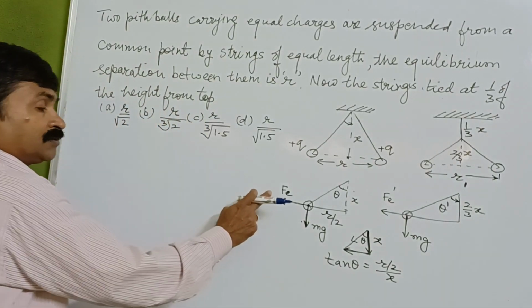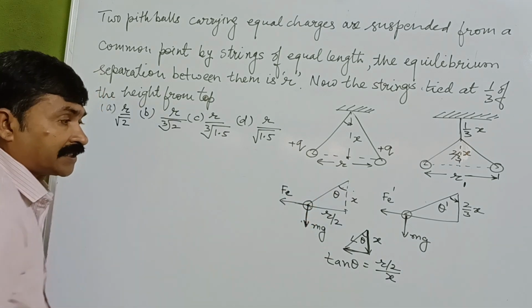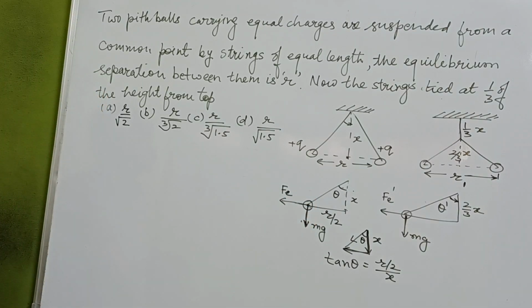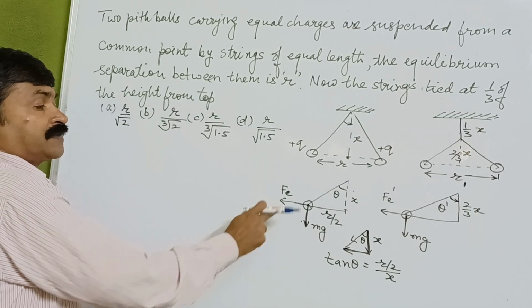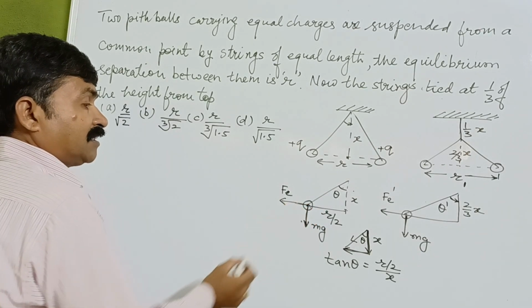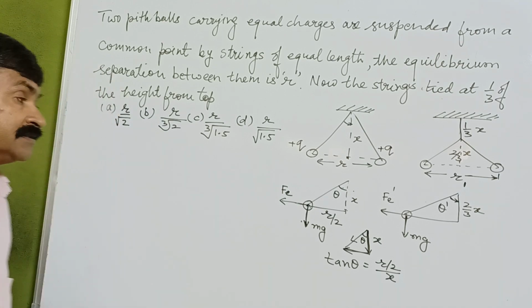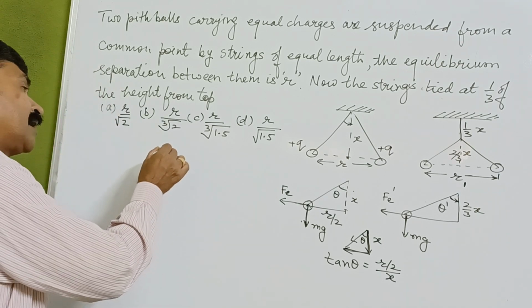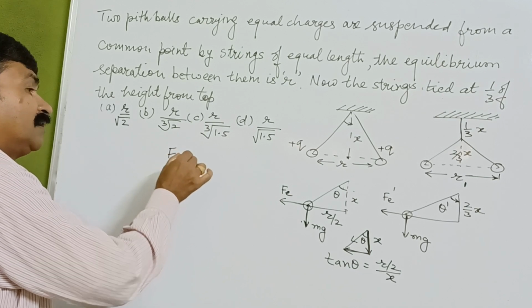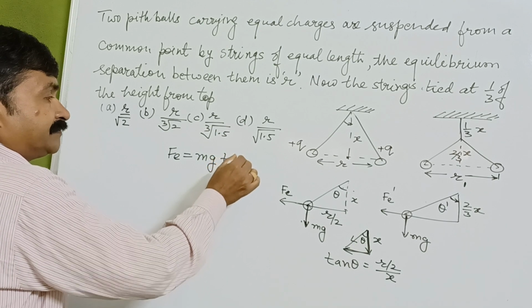Now we have the force Fe acting in this direction and the force mg acting in this direction. Here we have these two forces, and we can determine their resultant, meaning the total force acting. This is given by Fe equal to mg tan theta.